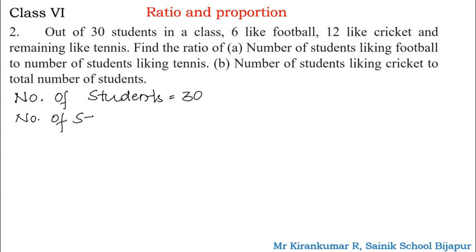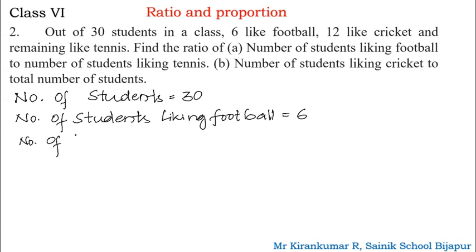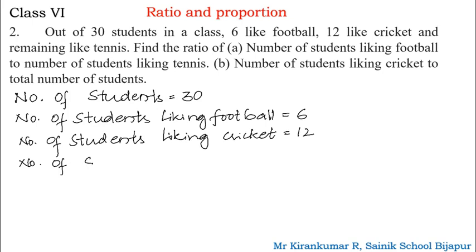So let me mention the given things. Number of students is 30. Number of students liking football is 6. Number of students liking cricket is 12, and they have said the remaining students like tennis, so we can find the remaining by subtracting.